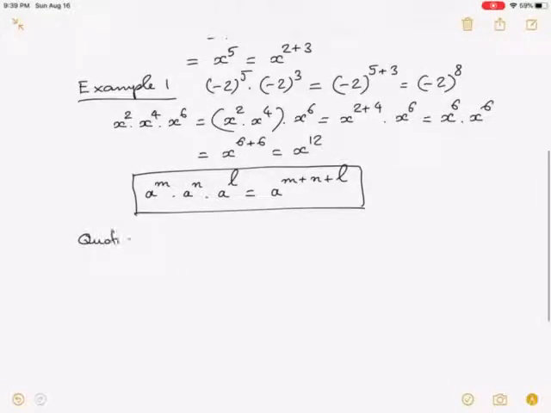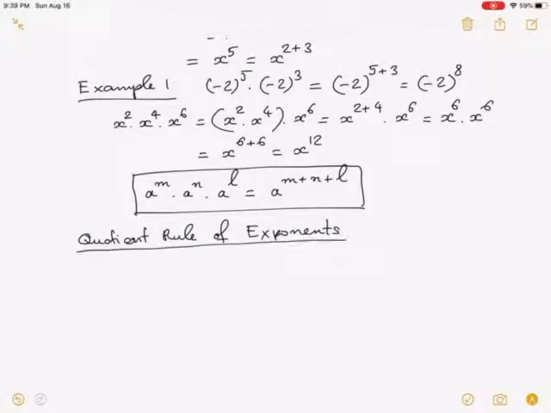Okay, next, quotient rule of exponent. So if you take say z to the power 7 divided by z to the power 5, it is z times z times z times z times z times z times z, 7 times, divided by z times z times z times z times z, 5 times.